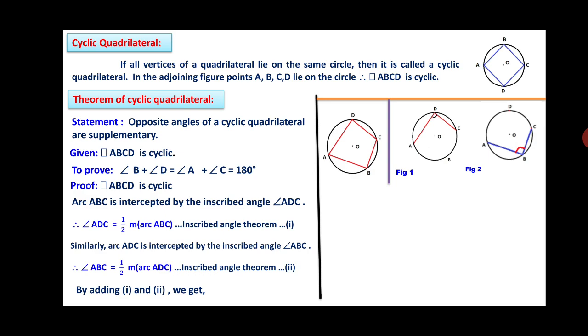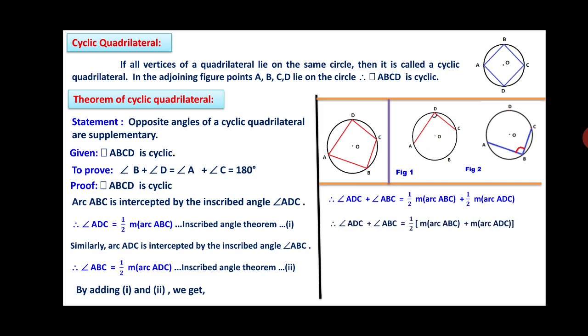Friends, we will add these two, that is statement 1 and statement 2. We will get angle ADC plus angle ABC is equal to half the measurement of arc ABC plus the measurement of arc ADC. Taking half as common outside the bracket, you will get half of the measurement of arc ABC plus the measurement of arc ADC.